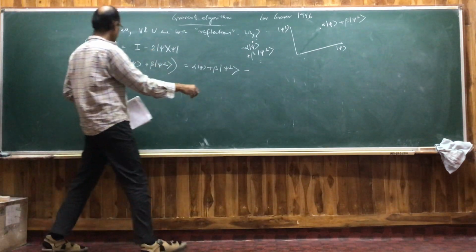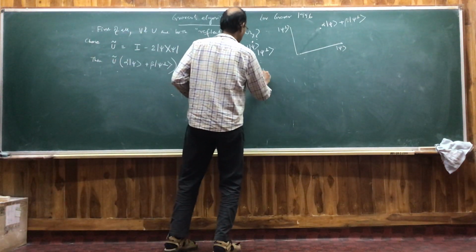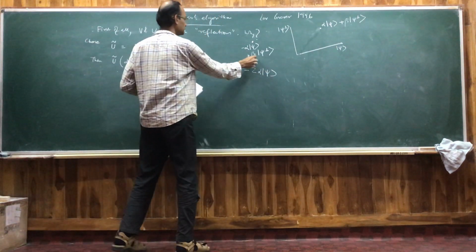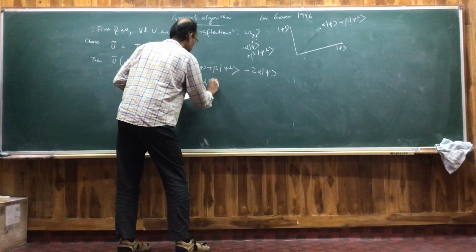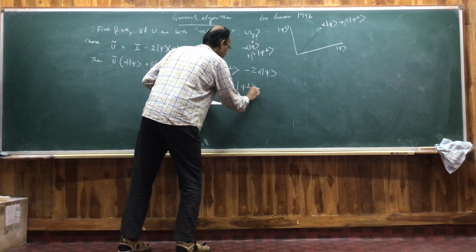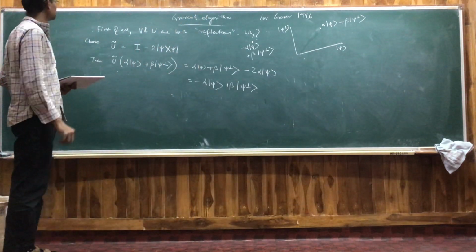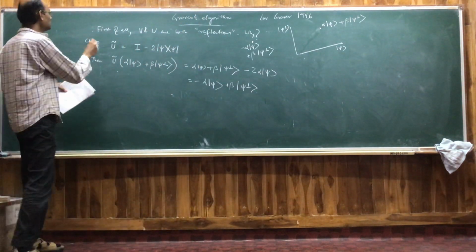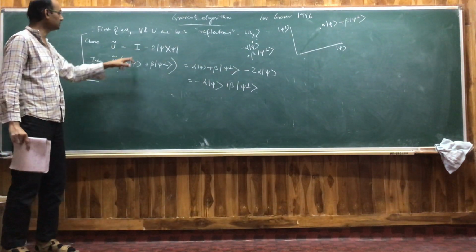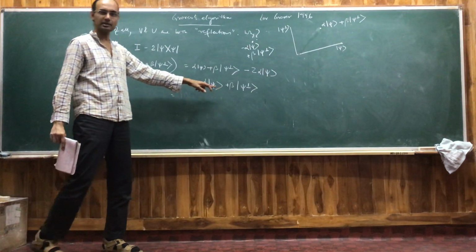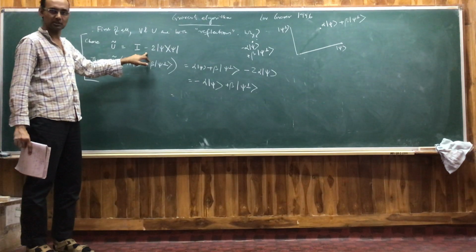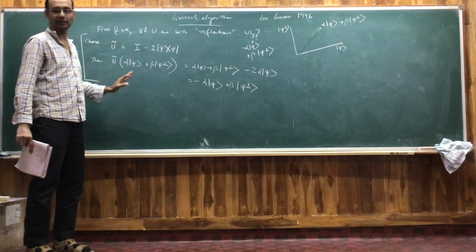So it will be 2 alpha, right? It's minus 2 alpha psi. Thank you. And this is exactly this. You see, any unitary that looks like this does this thing. So it is in this sense that U and V are both reflections.